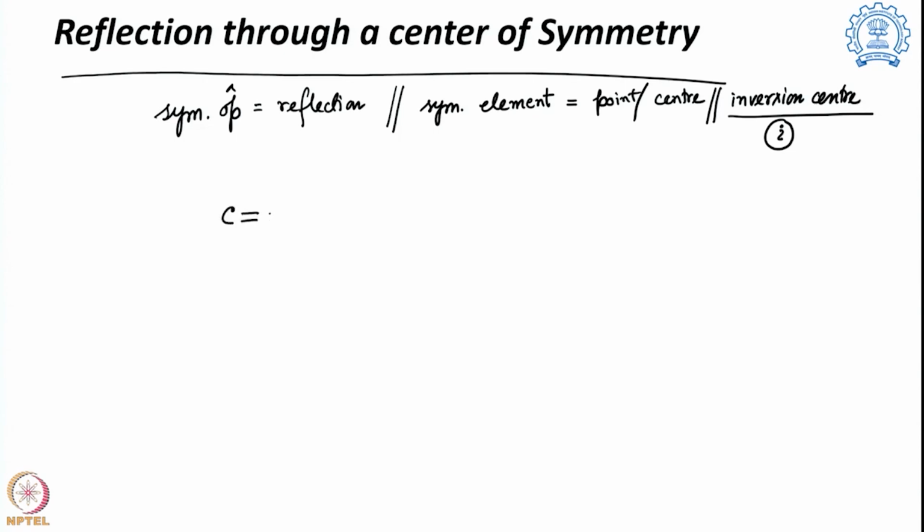The first example I am taking is carbon dioxide. There is a carbon in the center, and if I go through this center, I reach another oxygen. Both sides are very similar, so I can say there is a center of symmetry present in this molecule.